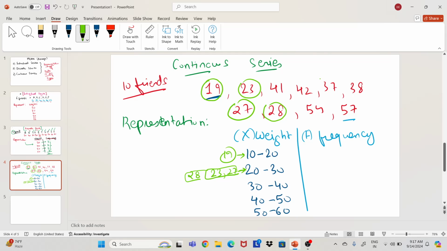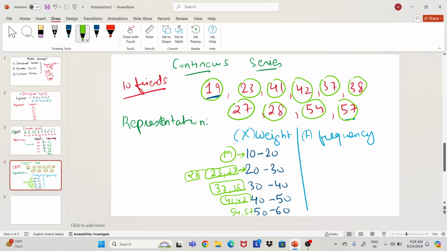Now we have 37 and 38 that come in this bracket, and I have 41, 42 as well, that come in this bracket. And then 54 and 57 in this bracket.